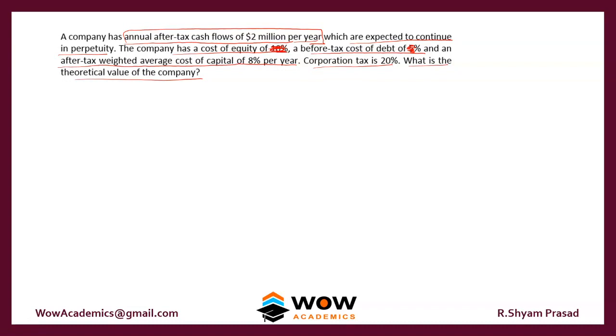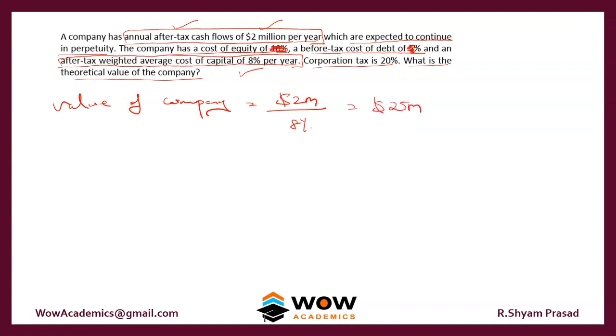The only value you can take is the after tax WACC, because this cash flow is also after tax and it's for the entire company. WACC usually refers to the entire company. So our solution is very simple. The value of the company equals 2 million divided by 8%, and that gives us an answer of 25 million.